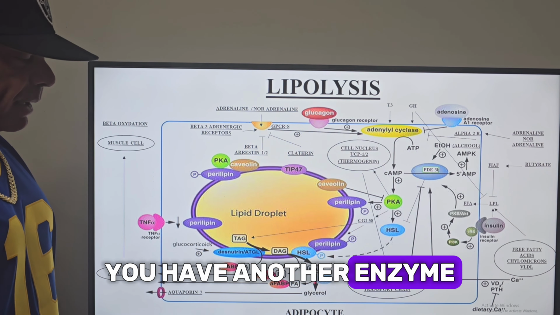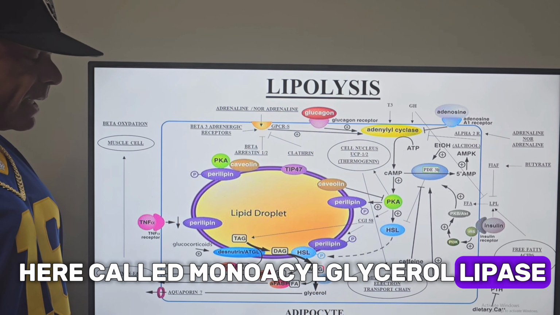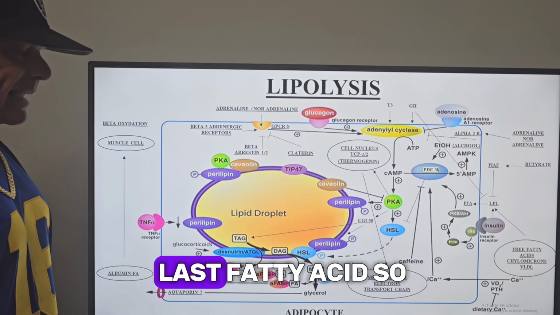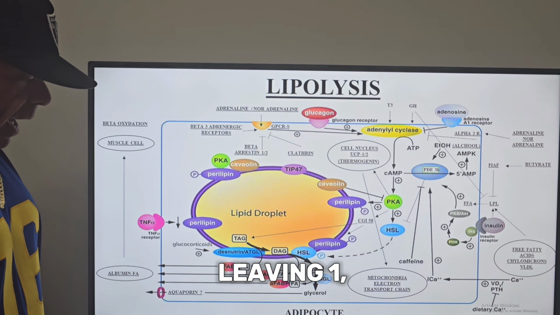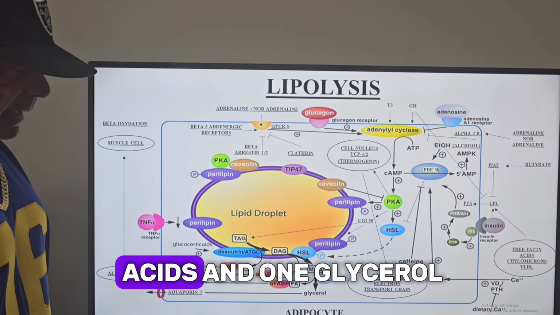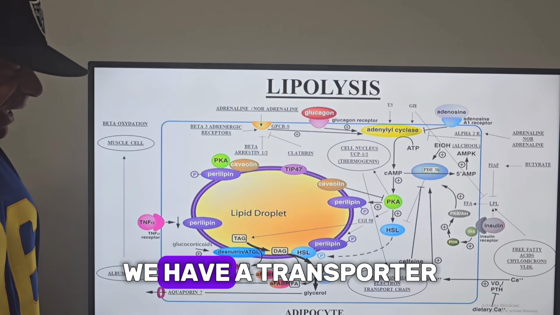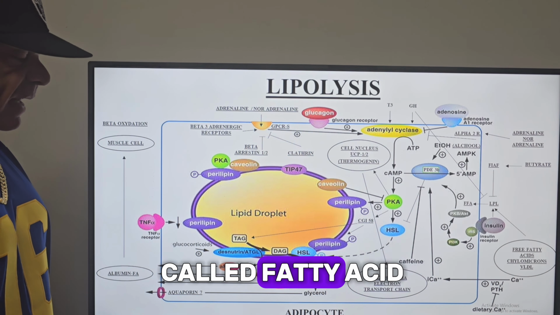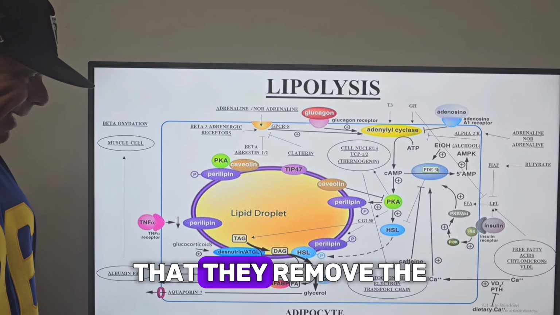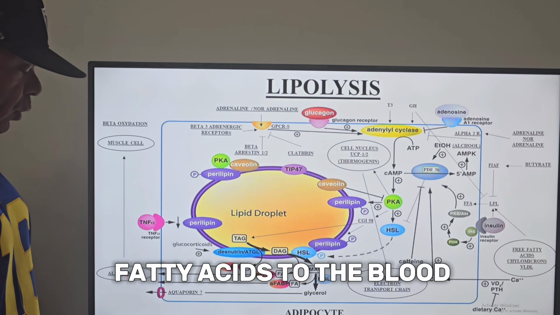Then you have another enzyme called monoglycerol lipase that breaks down the last fatty acid, leaving 1, 2, 3 fatty acids and 1 glycerol. We have a transporter inside the cytoplasm of the fat cell called fatty acid binding protein that removes the fatty acids to the blood.